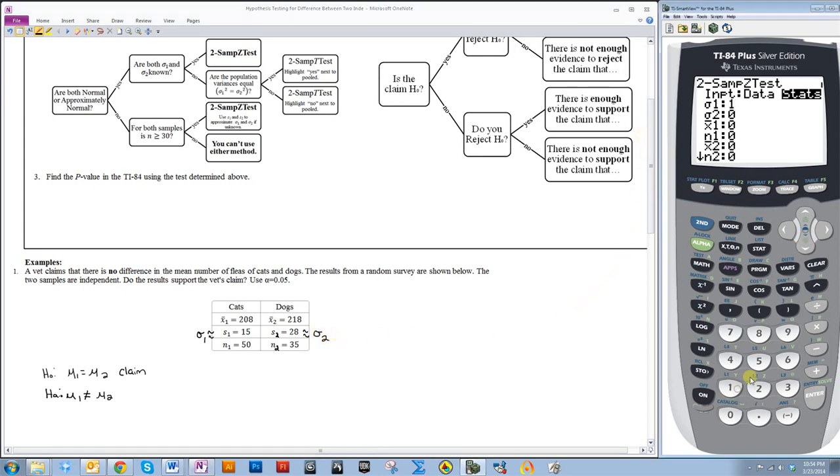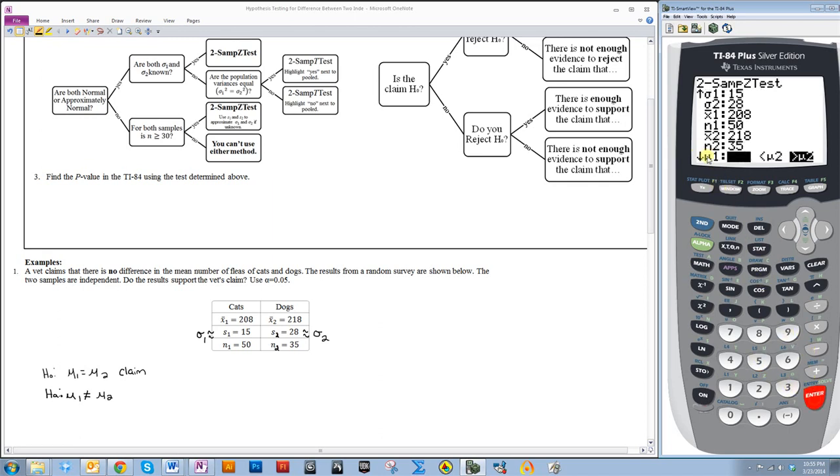So I'm going to put 15, 28, x bar 1 is 208, n1 is 50, x bar 2 is 218, n2 is 35.